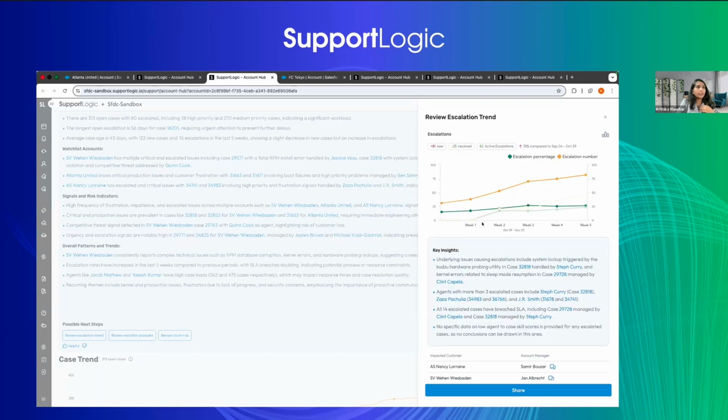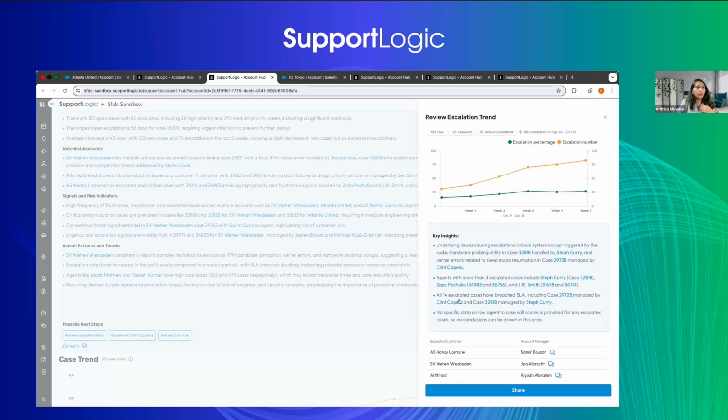So here at a high level, I see the numbers, I just get an analytical view. But what's more important is it tells me where the issues are. It tells me which cases are contributing, what are the critical cases that are contributing to these escalations, and who are the agents that are working on these escalation cases. It looks like all the 14 escalated cases have reached SLA, and who is it being managed by?